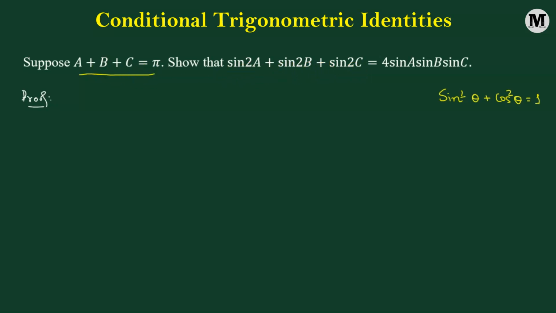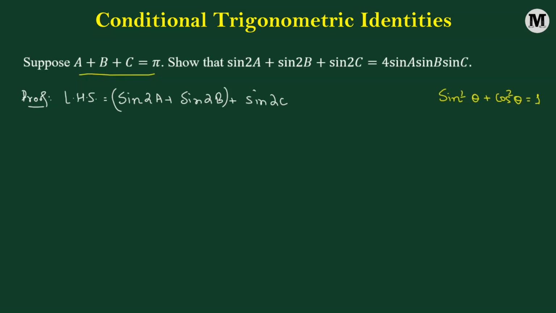So let's try to prove this. We'll start our proof from the left hand side and show that this equals the right hand side. On the left hand side we have sine 2A plus sine 2B plus sine 2C. Here we're going to add the first two trig identities.